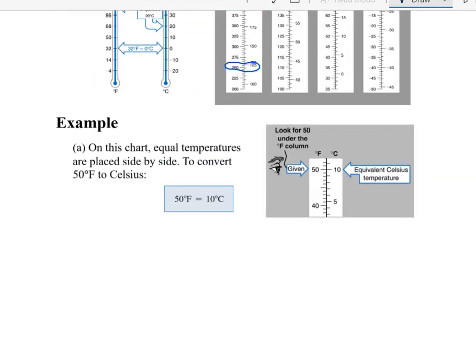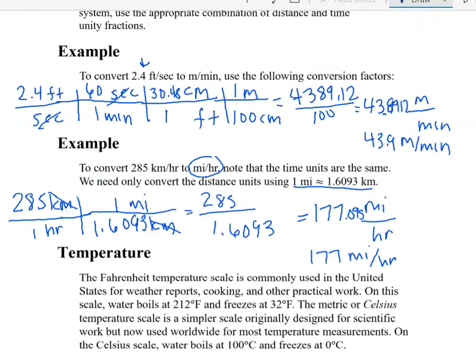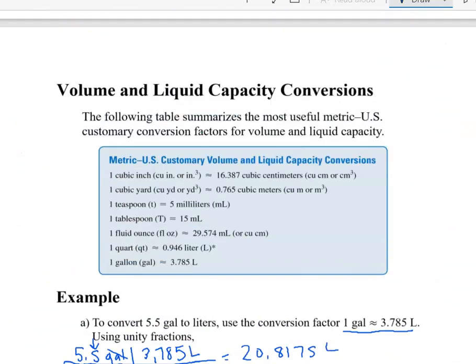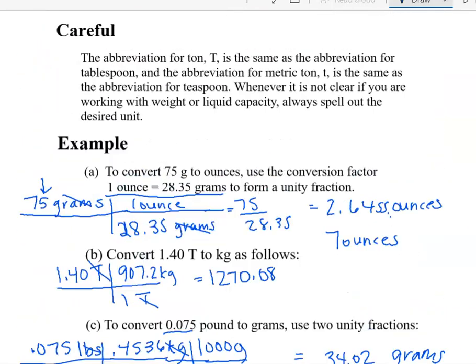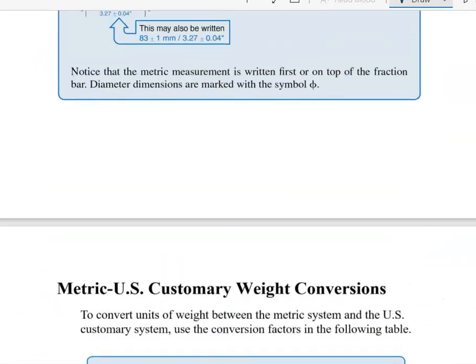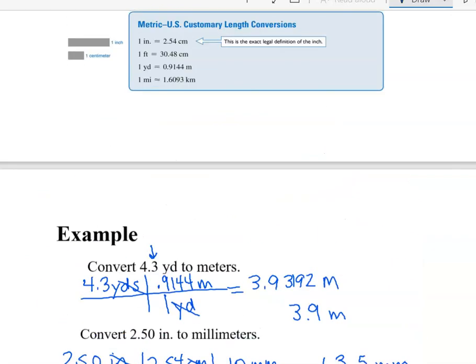So let's see what we've got in the way of conversions from millimeters and inches. We've got centimeters and inches. So 2.54 centimeters is 1 inch.